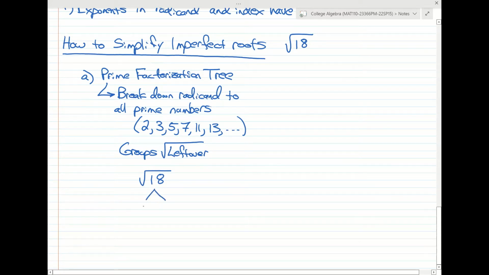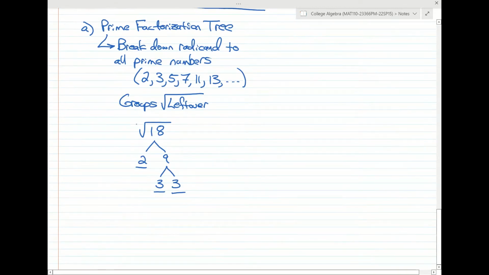So I know that 2 goes into 18 9 times, so 18 is 2 times 9. 9 is the same thing as 3 times 3. So right at this point, 18 is broken down. 18 is the same thing as 2 times 3 times 3.